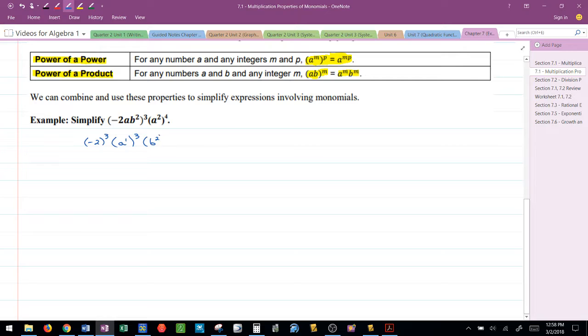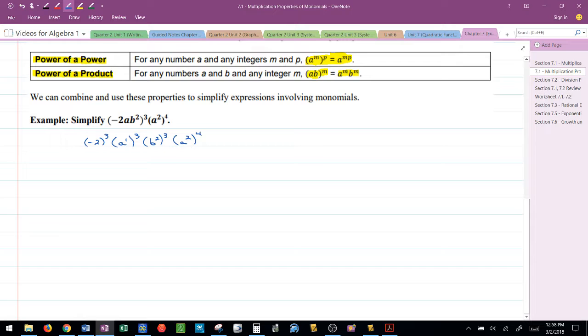B to the 2nd to the 3rd. And then I have this second part over here, which is a to the 2nd to the fourth. So I'm just going to rewrite that, since all we did with the left side was break everything into pieces.